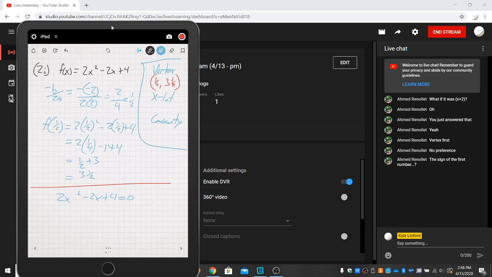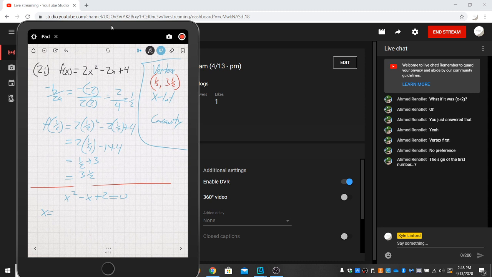Well, I could factor out a 2 from here. So really, all I have to do is figure out when does x squared minus x plus 2 equal 0. You know what I haven't done? I haven't done the quadratic formula yet. Why don't I give that one a try?